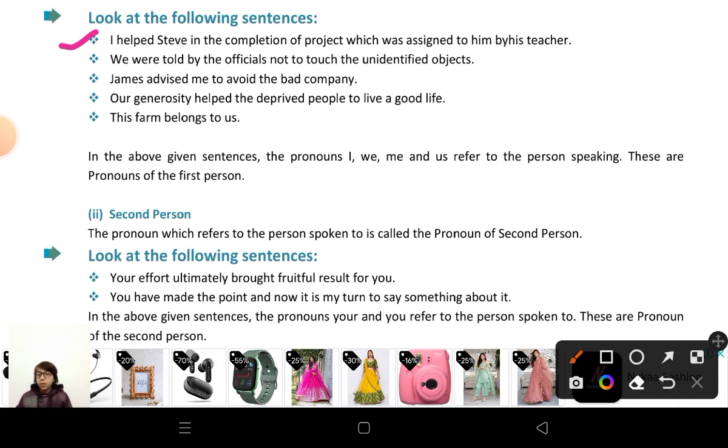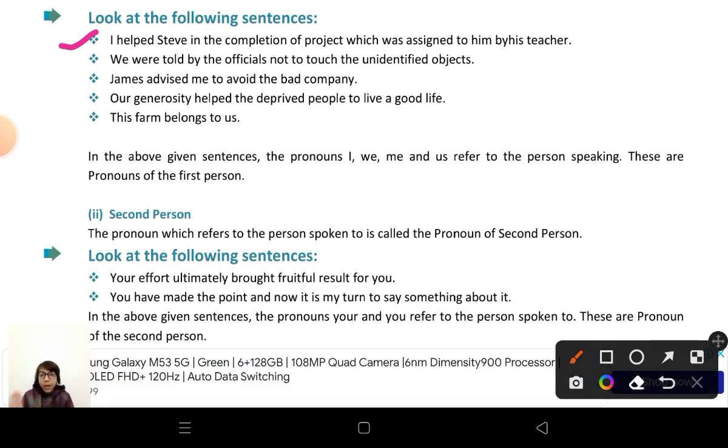Okay. So look at the following sentences. I helped Steve in the completion of work which was assigned to him by his teacher. So I helped. That means the pronoun here is I. In this whole sentence, three proper pronouns are used.